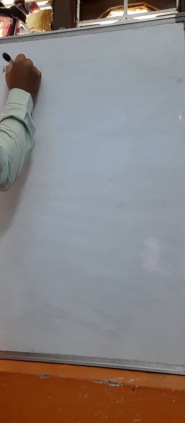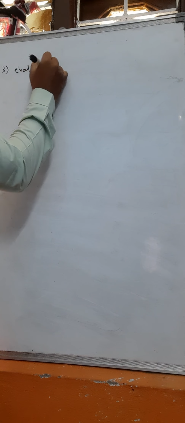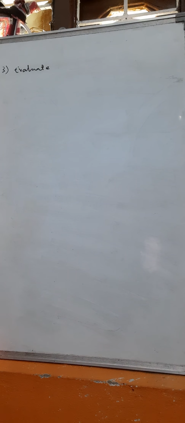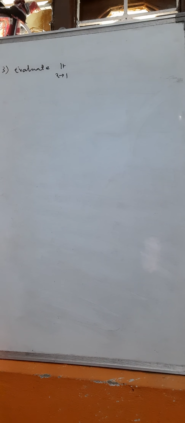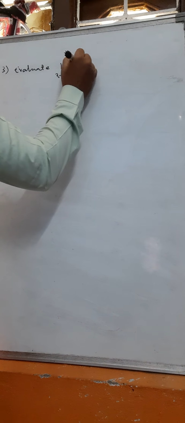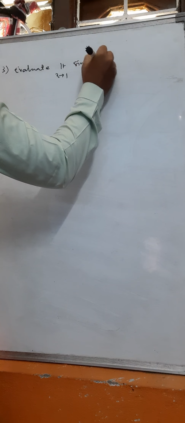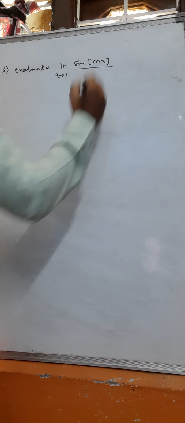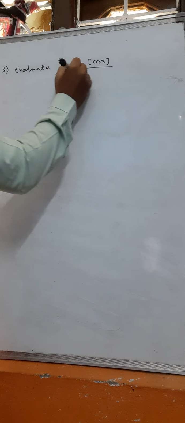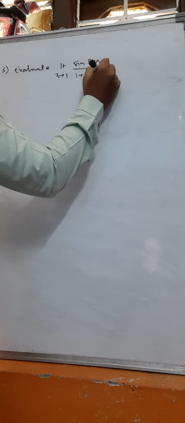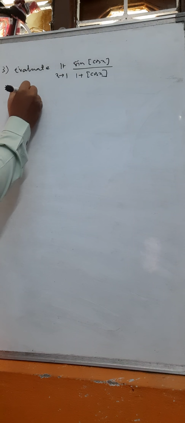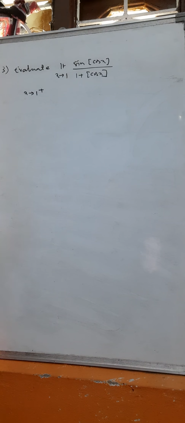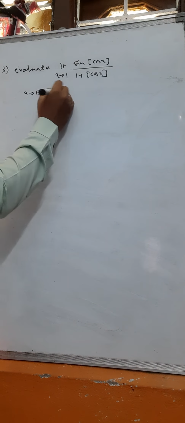The next problem, third problem: evaluate limit x tends to 1 of sine of step of cos x by 1 plus step of cos x. So here x approaches 1 plus, then what will happen?